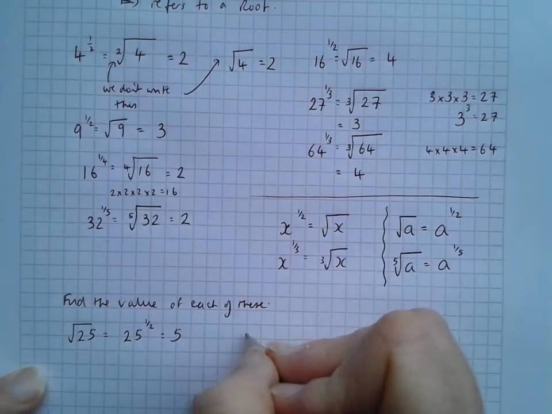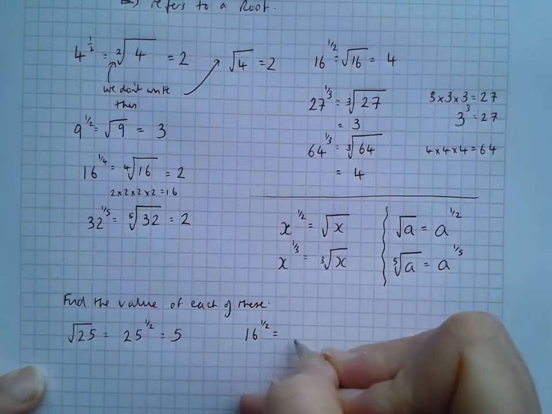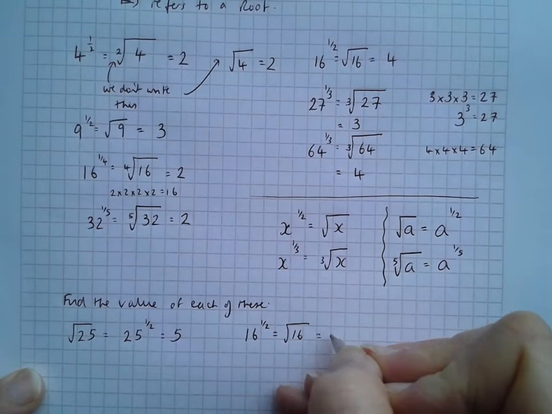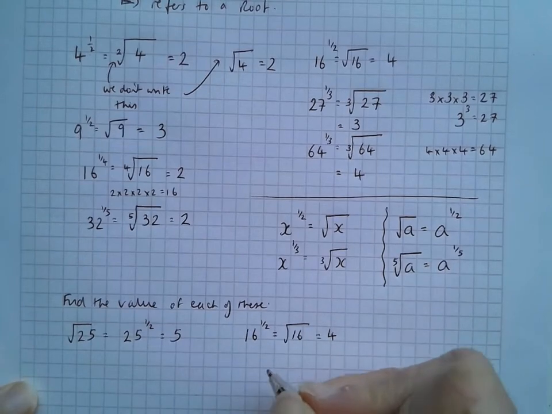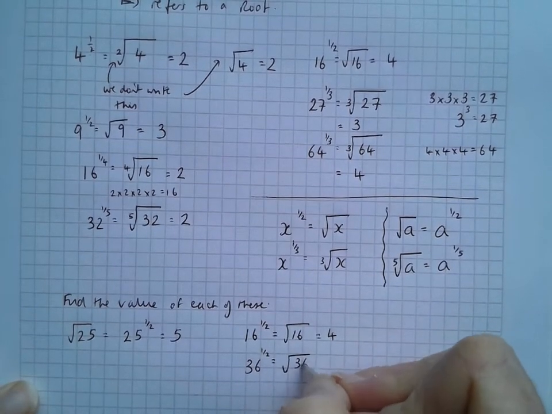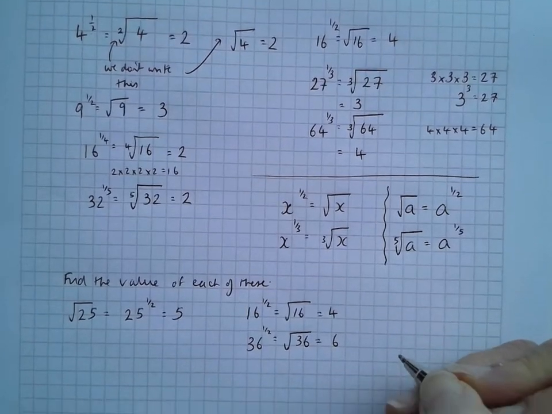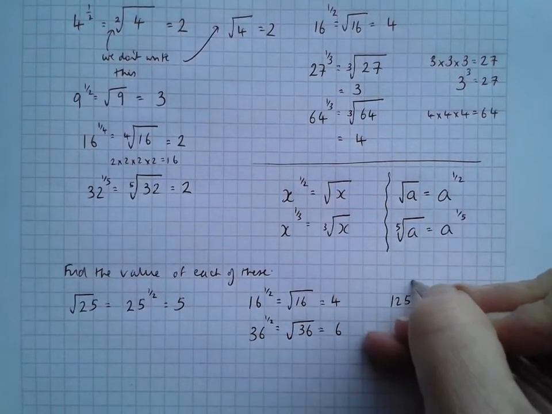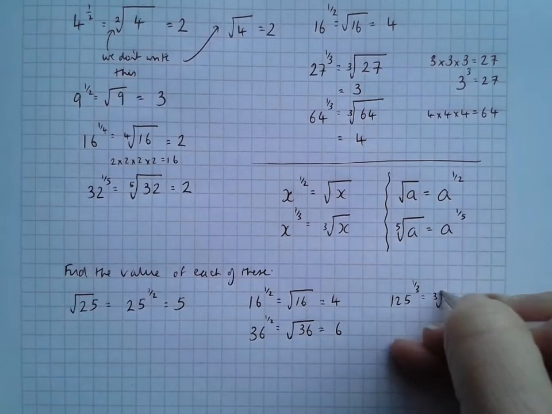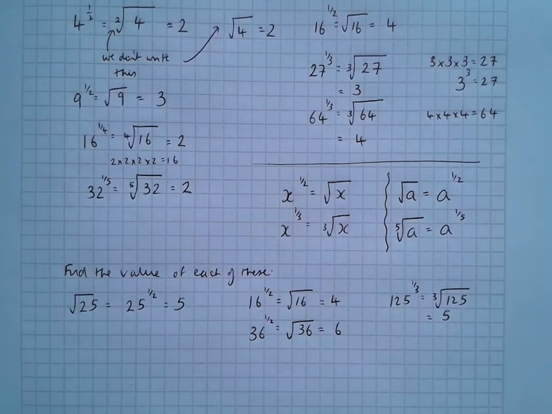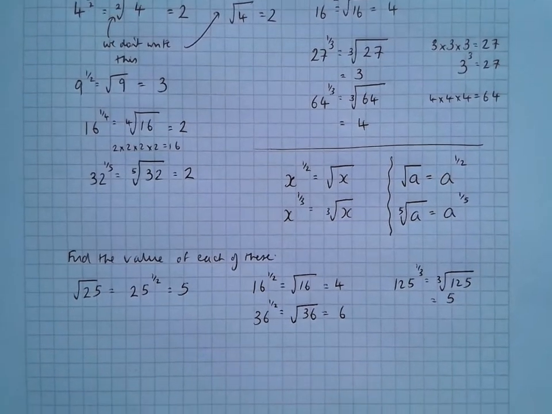Or 16 to the power of a half, that's the square root of 16, so that's 4. Or 36 to the power of a half is the square root of 36, which is 6. Or 125 to the power of a third, well, that's the cube root of 125, which is 5. So that's how that rule would work out.